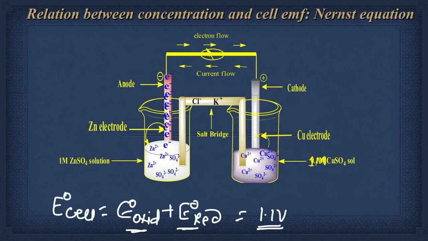Friends, if I change the concentration of the ZnSO4 solution from 1 molar to 10 molar and the copper sulfate concentration from 1 molar to 5 molar, can we get the same electrode potential or the same EMF? No, because when there is a change in the concentration of the solution, definitely there is a change in the oxidation potential as well as the reduction potential.